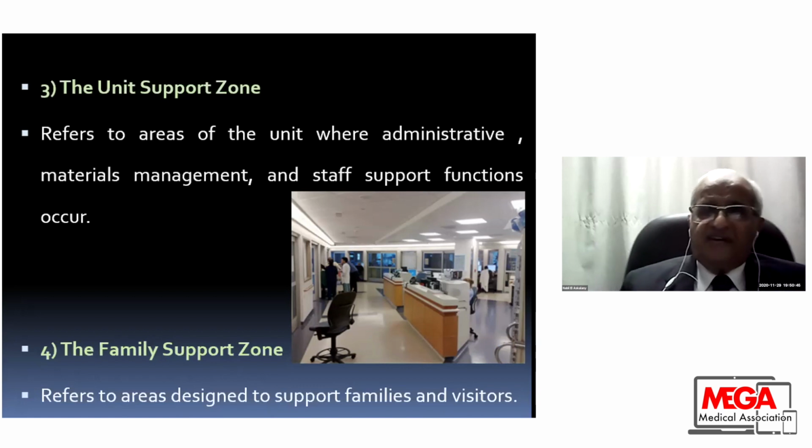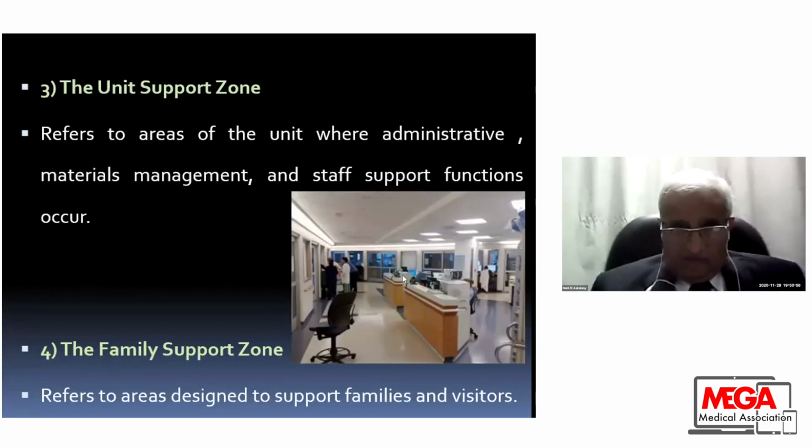Doctors would like to have a nap, for instance, so they offer better participation in the welfare of the patient. And finally, we've got the family support zone, which refers to areas designated to support families and visitors.